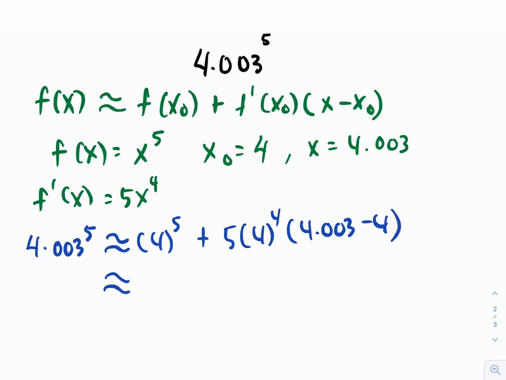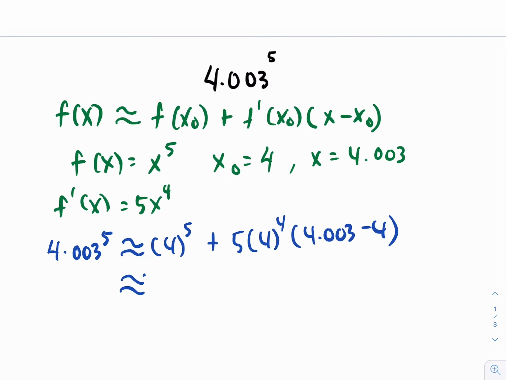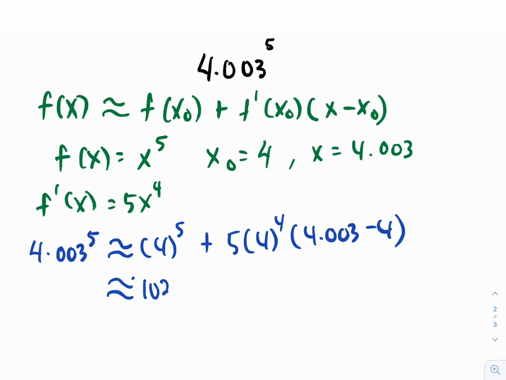We know that 4 to the power of 5 is 1024, plus 5 multiplied by 4 to the power of 4, which is 256, multiplied by 0.003.